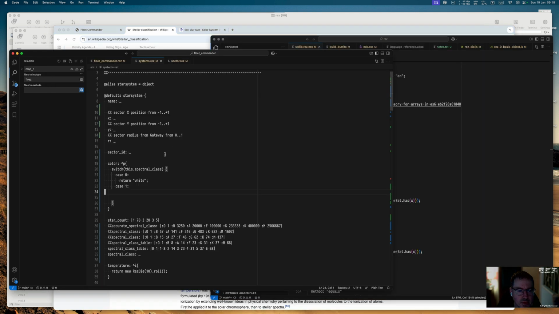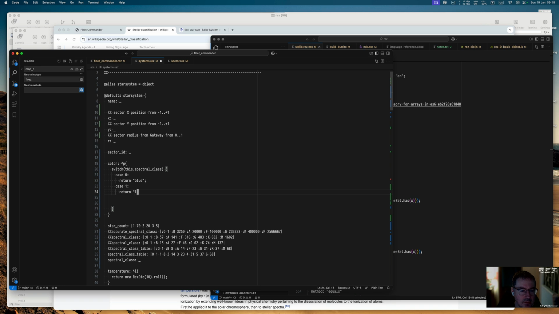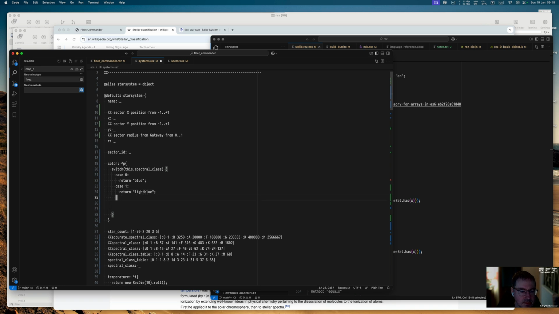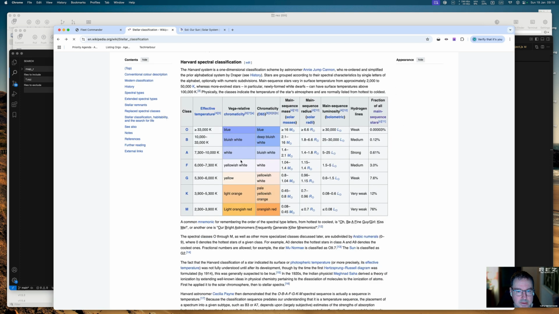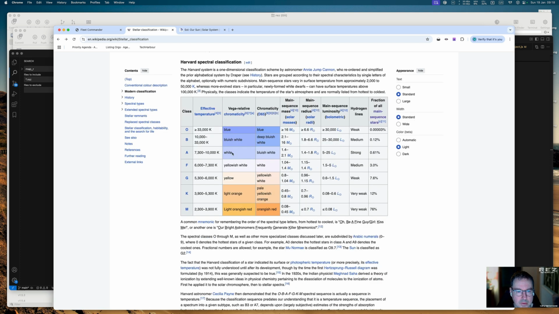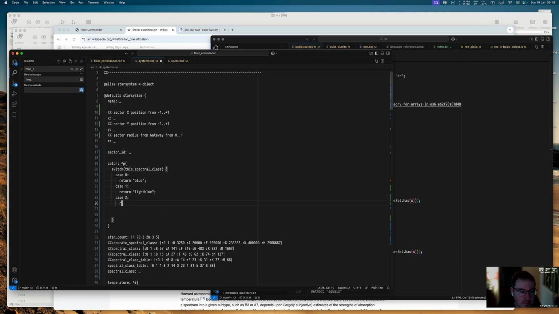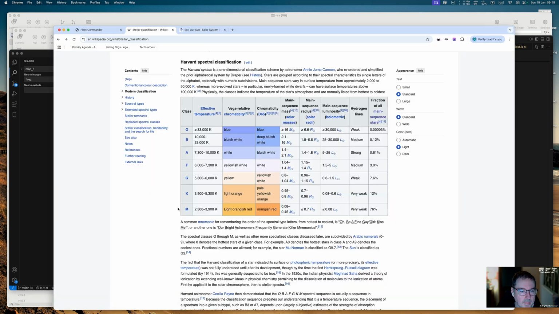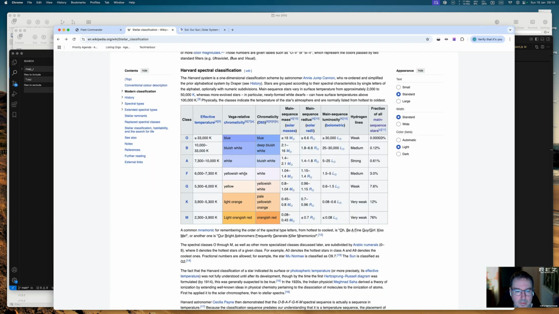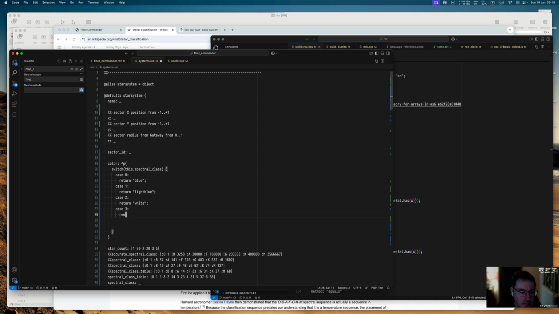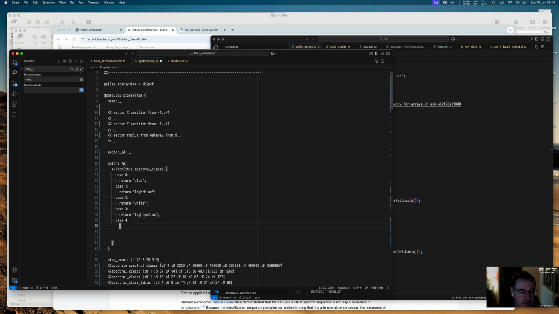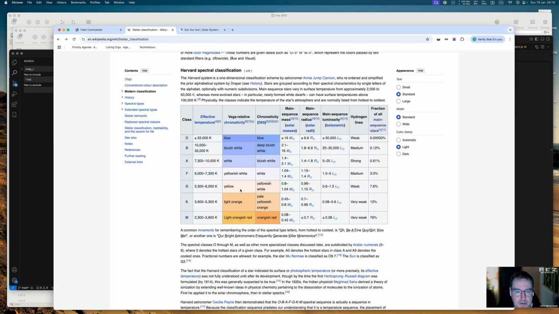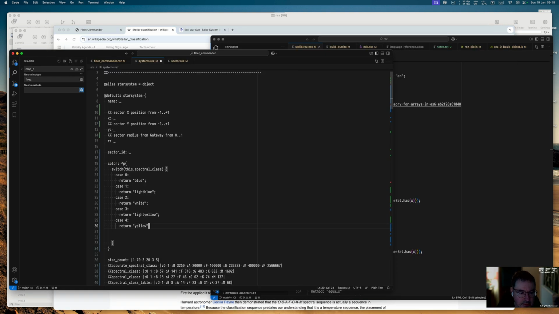Actually these are blue stars, so O stars are blue. I don't really know what the CSS colours are, but these are blue-white, so they'd be light blue. A stars are white. I have no idea if this is going to work, because I don't know if this is even CSS classes.